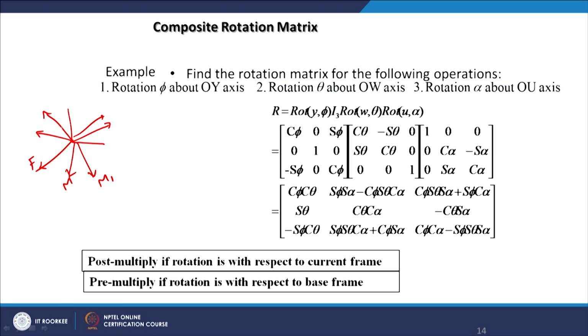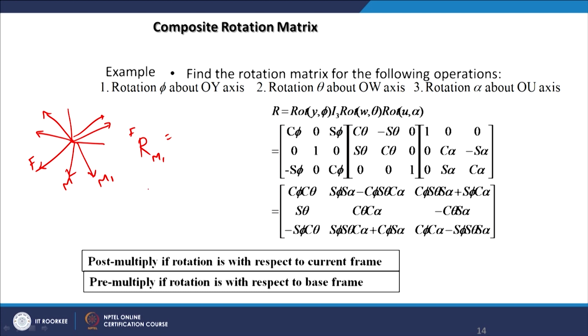So, first we had a frame F that is fixed, after that we made a rotation and got M, again we made a rotation with respect to the M frame, and then we obtained a new frame M1. So, what will be the relation between the F frame and the M1 frame? The orientation of the M1 frame with respect to the F frame is called F R M1.